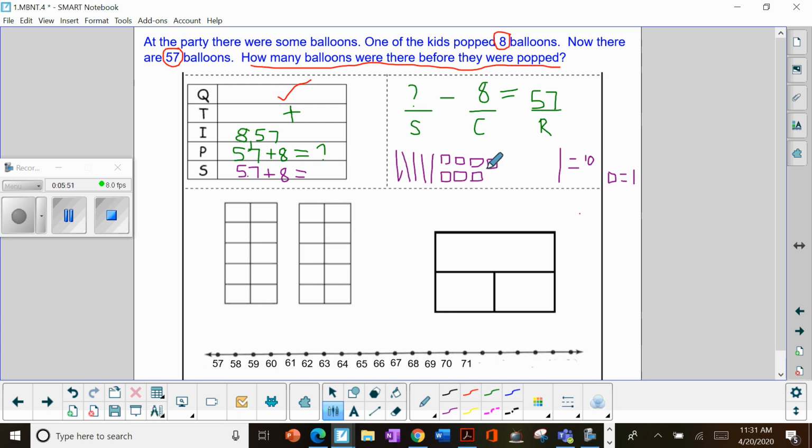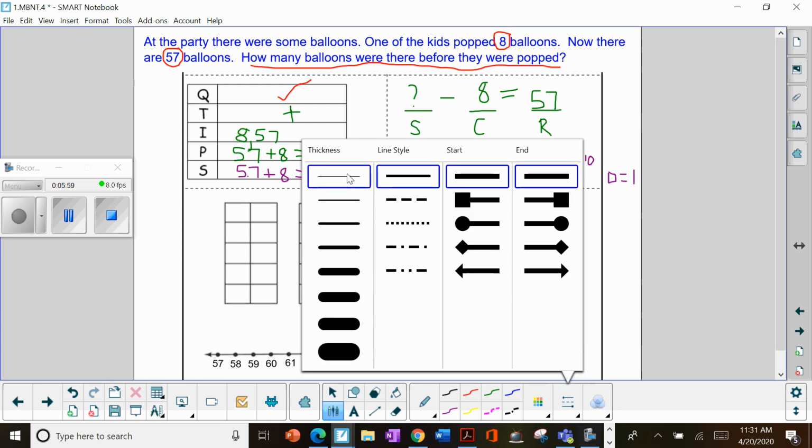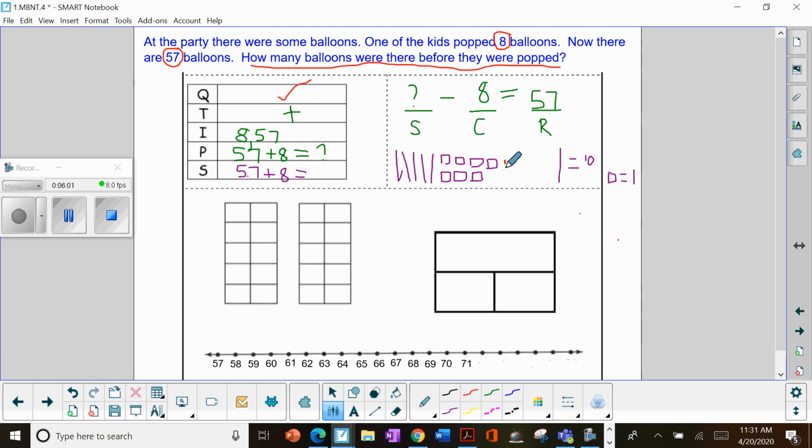Now we added 8 more to that. So I'm going to change my color. We'll go with red. 1, 2, 3, 4, 5, 6, 7, and 8.